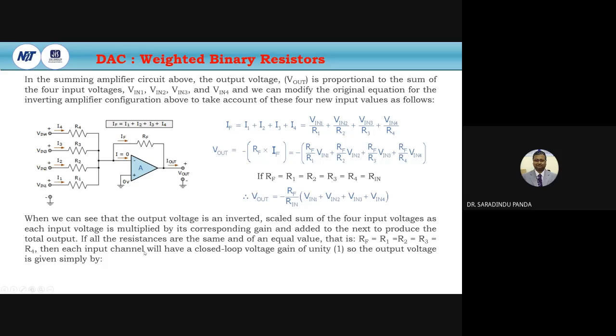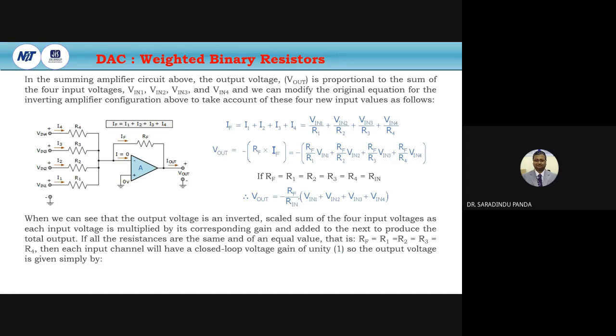If all the resistances are the same, R1, R2, R3, R4 is equal to R in, all the resistances are the same and of an equal value, that is RF is equal to R1, R2, R3 is equal to R4, then each input channel will have a closed loop voltage gain of unity.